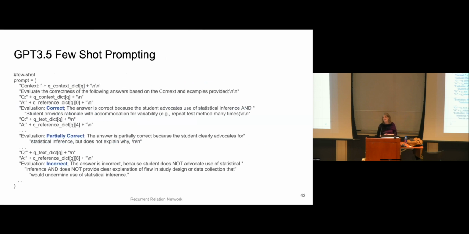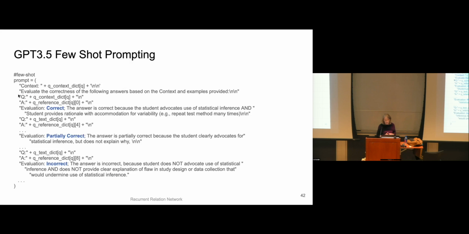So let's compare it to a GLM, Gargantuan Language Model. Because I don't know how your students are feeling, but a lot of my students are feeling like, I can't do my research anymore because I can't beat ChatGPT or GPT-3 or GPT-10. So we tried few shot prompting on this data set with GPT 3.5, where what we're giving as a prompt is a context, the question context.